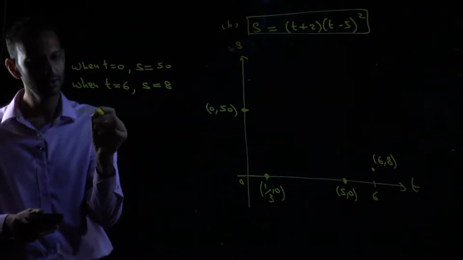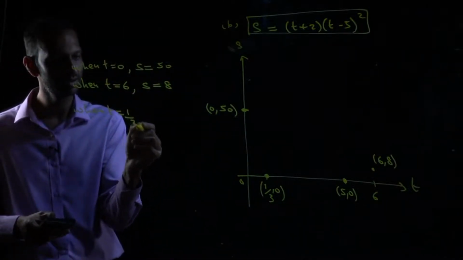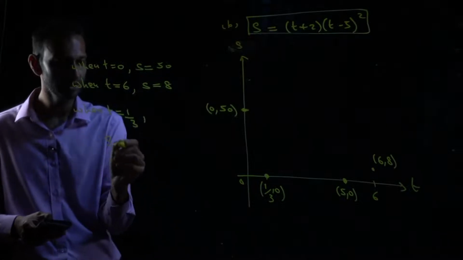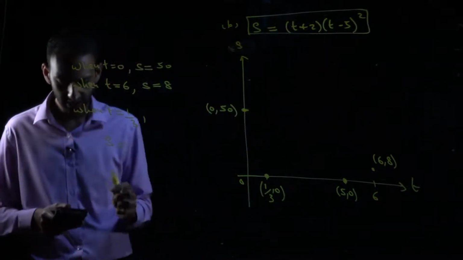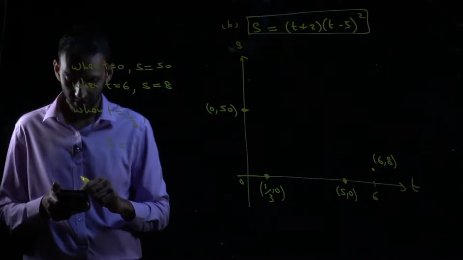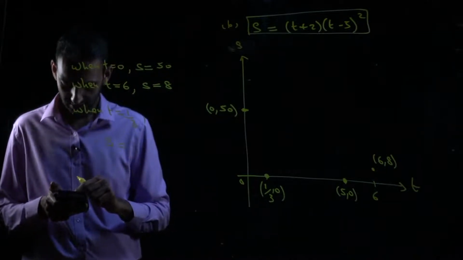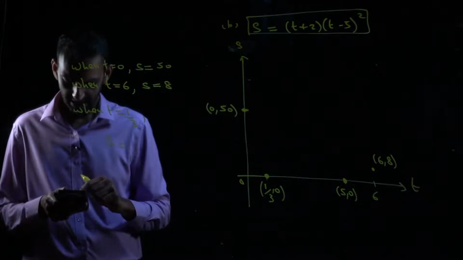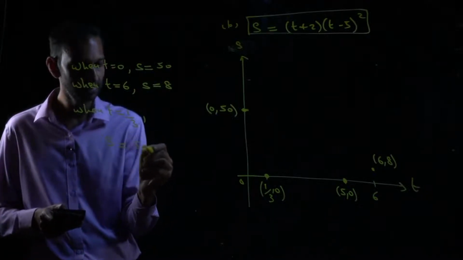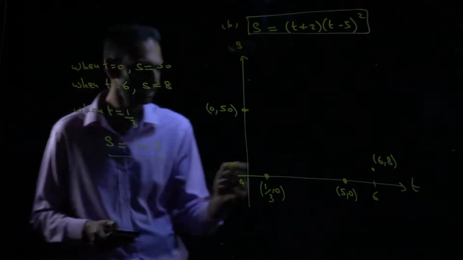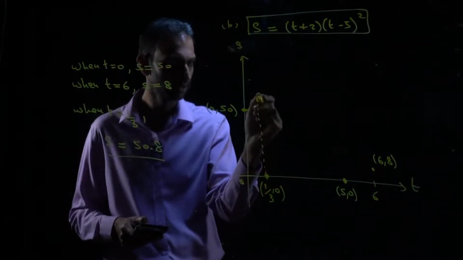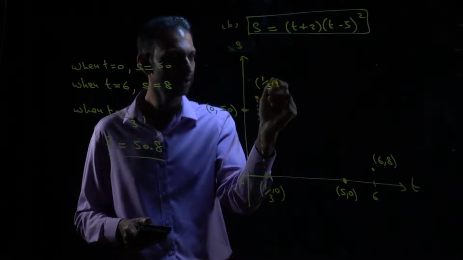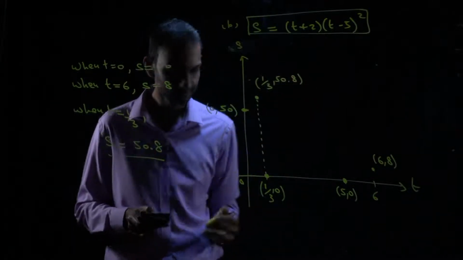You replace in the same equation, 1/3 plus 2, and 1/3 minus 5 squared. If I do that on my calculator, that would give us 50.8. So 50.8 is a little bit up here. That's the point 1/3, 50.8.